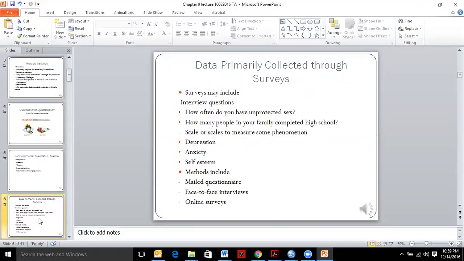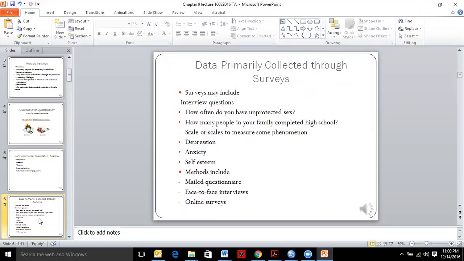And in quantitative non-experimental designs, the data is primarily collected through surveys. And these surveys might include interview questions, like here, for example, how often do you have unprotected sex? How many people in your family completed high school? And it can be scales to measure some phenomenon that were developed previously and tested, and validated so that these scales can measure a phenomenon.